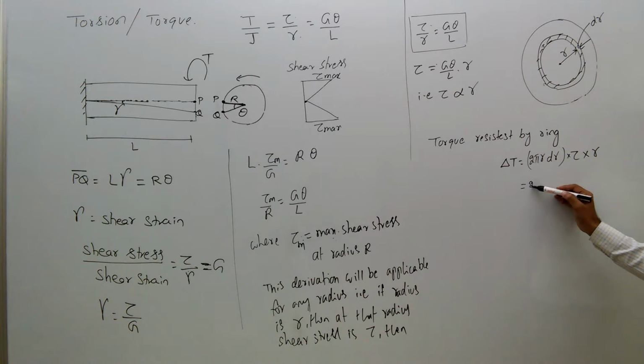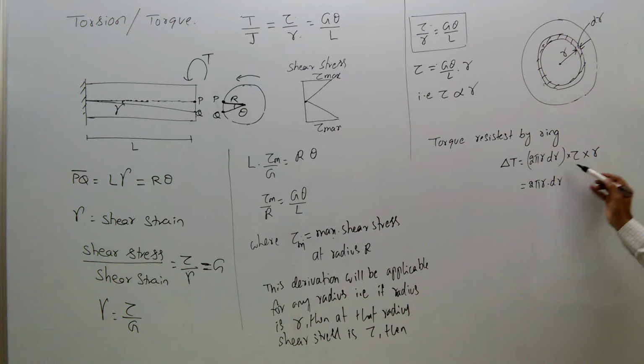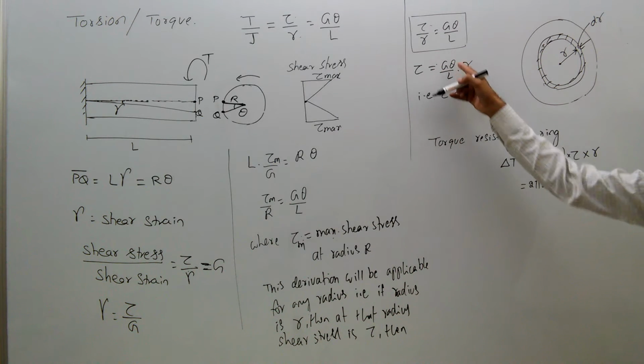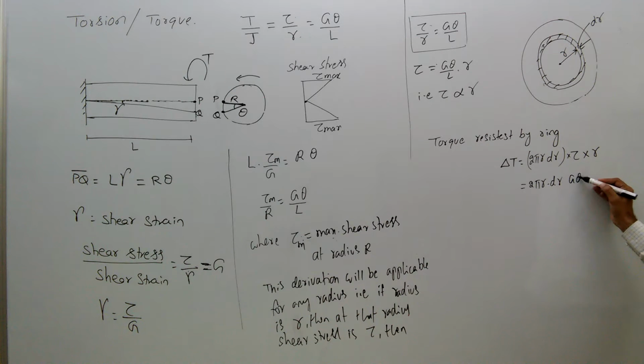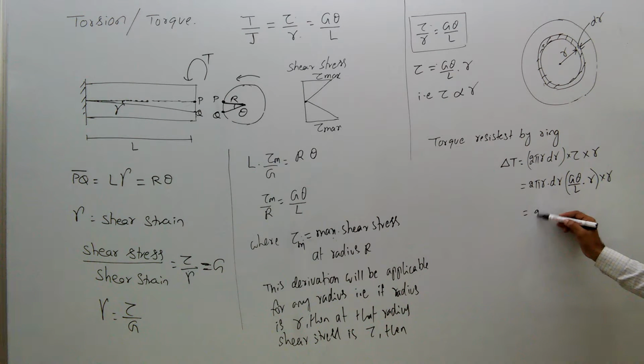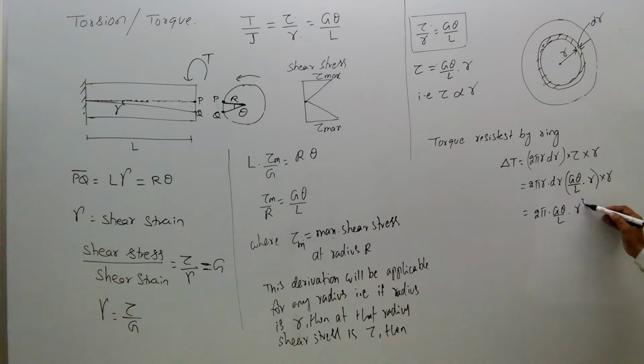What is tau? Tau equals G theta by L into r. So the torque is 2 pi G theta by L into r cubed dr. This is the torque resisted by the ring.